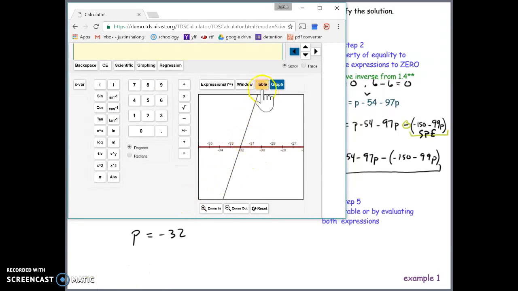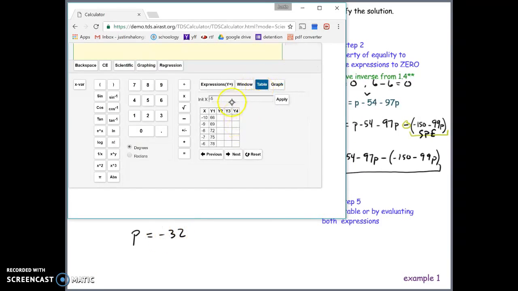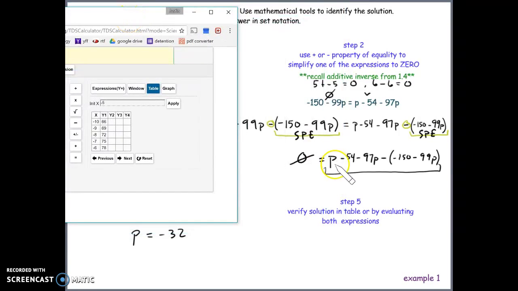Okay, so now I'm going to use the table feature to verify our solution is negative 32. So I'm going to click table, and where it says the x-intercept, I'm going to type in negative 32. And remember, we are looking for what value for p makes this left side simplify to 0. Well, we think that this value is negative 32.